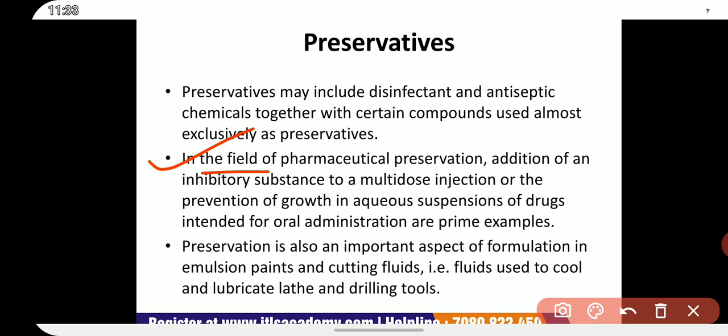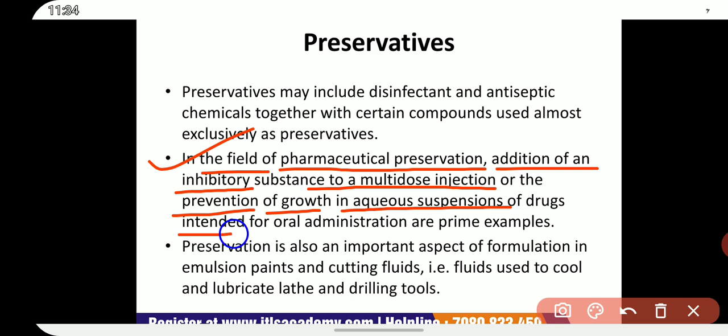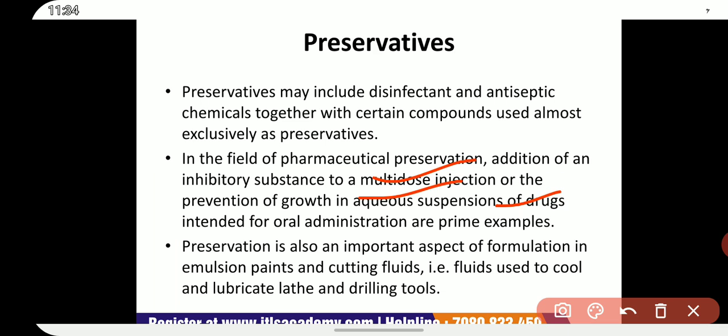In the field of pharmaceutical preservation, addition of an inhibitory substance to a multi-dose injection, or the prevention of growth in aqueous suspensions of drugs intended for oral administration, are prime examples. These are some of the examples of pharmaceutical preservations.